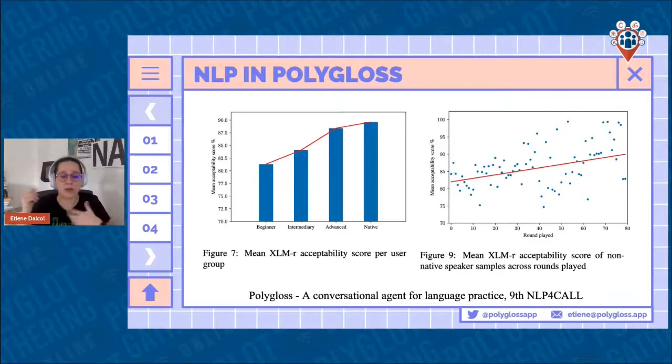And also as expected, the difference between people who say they have an advanced level and natives is not that big. And also, luckily for me, I tested how people's scores changed as they played Polyglots, and it works because the scores increased according to the number of rounds.